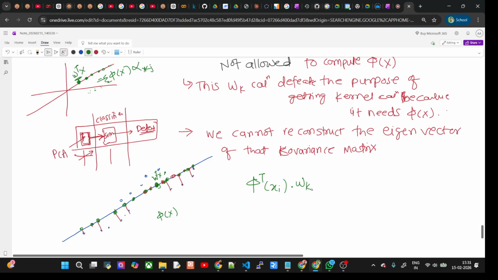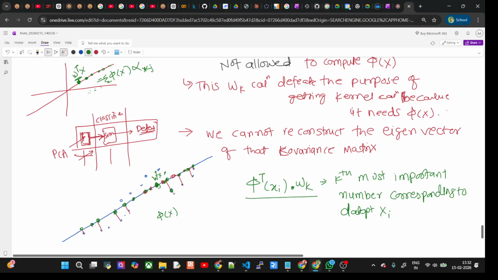If you consider this like the normal earlier case, this is the kth most important number corresponding to the data point xi. It means you are not thinking about this xi, you are just thinking about this projection, and this projection gives you some important information about your xi.